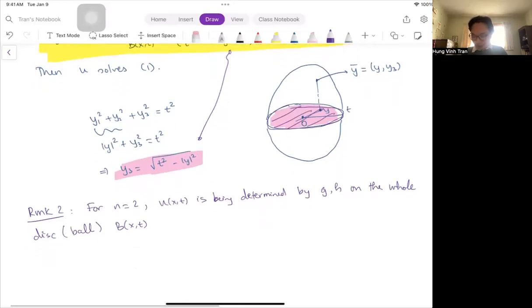I can say that remark 1 and remark 2 tell us about the Huygens principle.